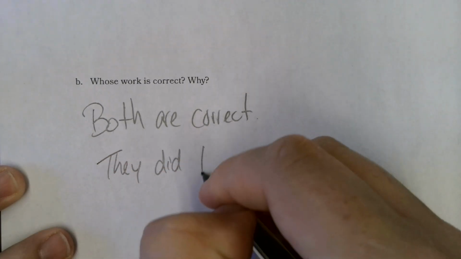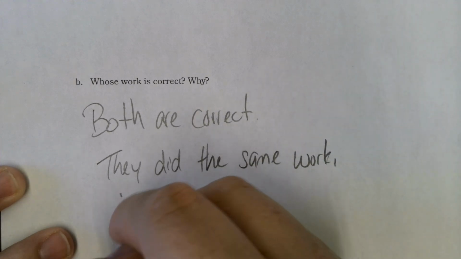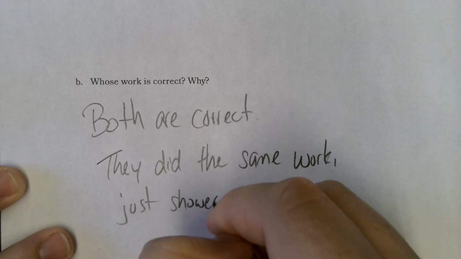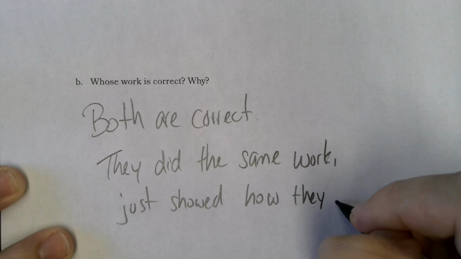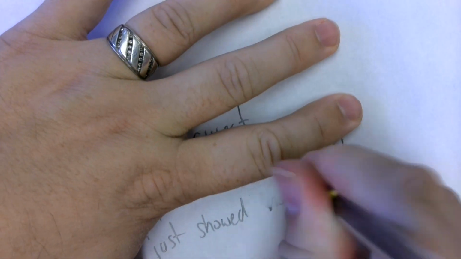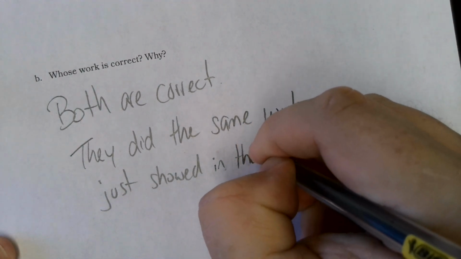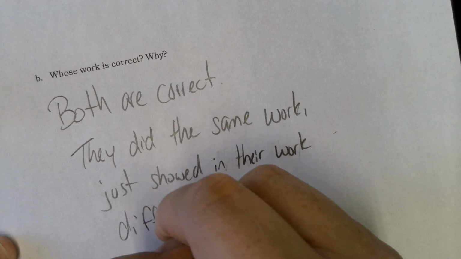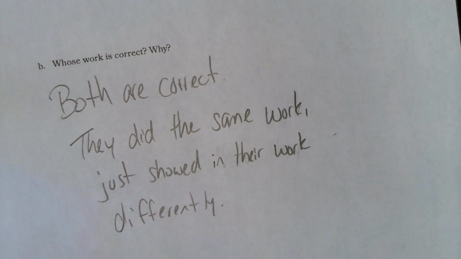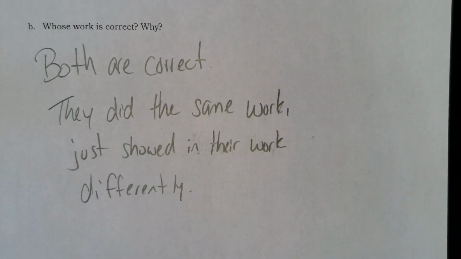They did the same work, they just showed it in their work differently. And they both had the same answer. They both had the correct answer. They just didn't quite describe their work the exact same way.